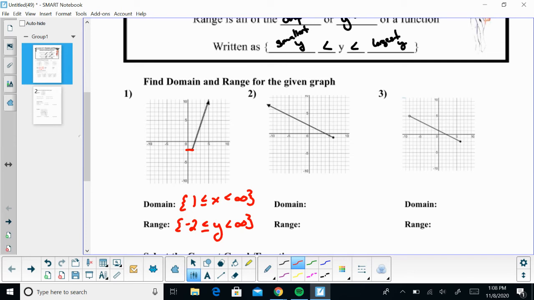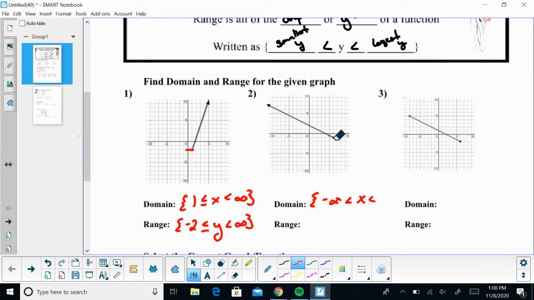Let's try another one. My domain, the smallest x value here, my line goes on forever in this direction, so the smallest x value is going to be -infinity, because it goes on forever. So -infinity is less than x, which is less than, what's the largest x value?